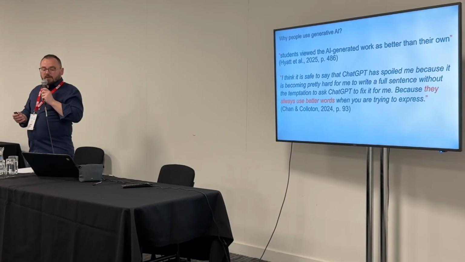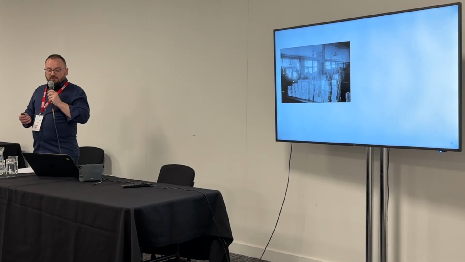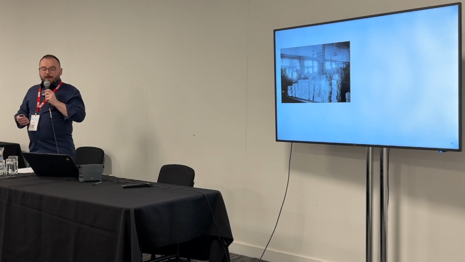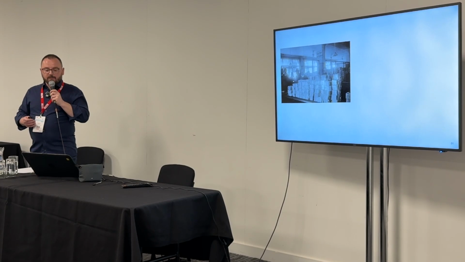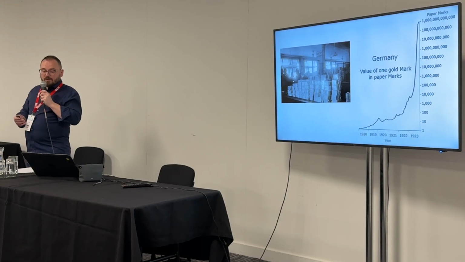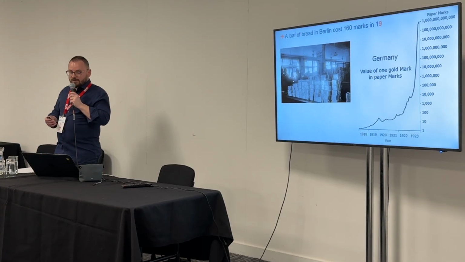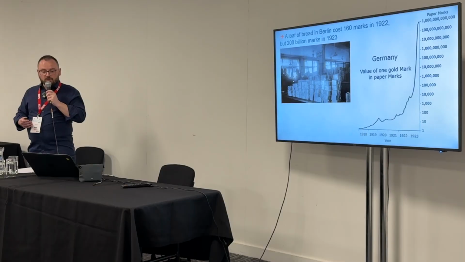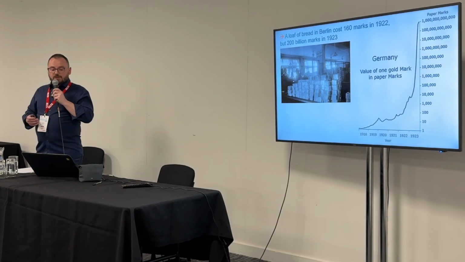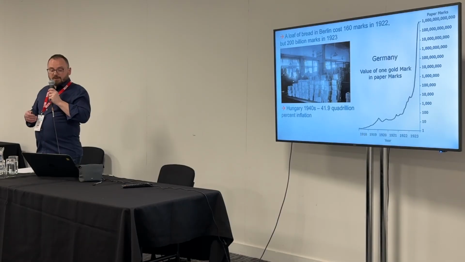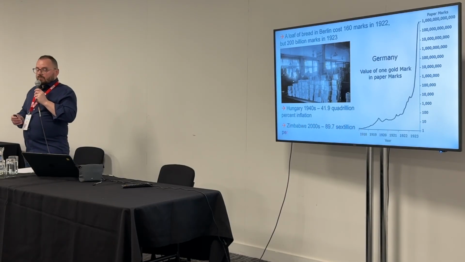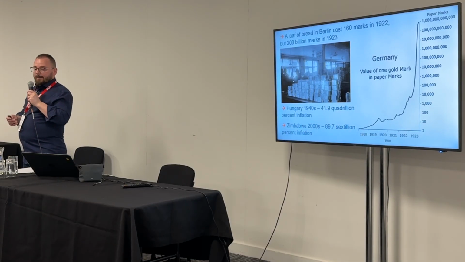There's one other analogy that I used before. It's from macroeconomy. Some countries resorted to printing extra money to cover the deficits, which led to a hyperinflation. That happened in the 1920s Germany. A loaf of bread cost 160 German marks in 1922, but 200 billion marks in 1923. A similar thing happened in Hungary in the 1940s after the Second World War, and more recently in Zimbabwe.